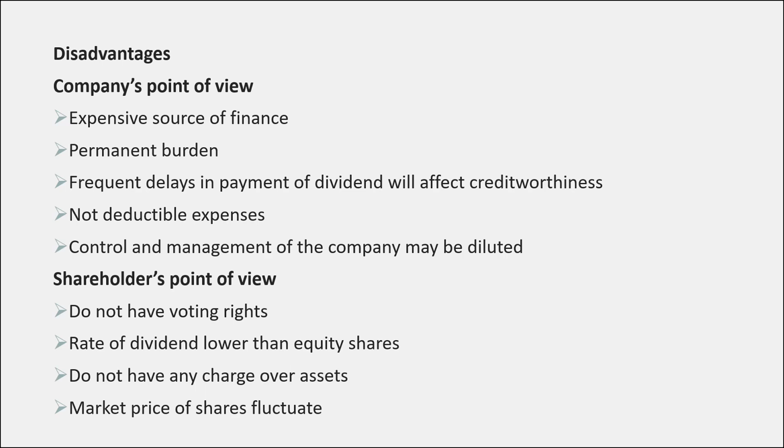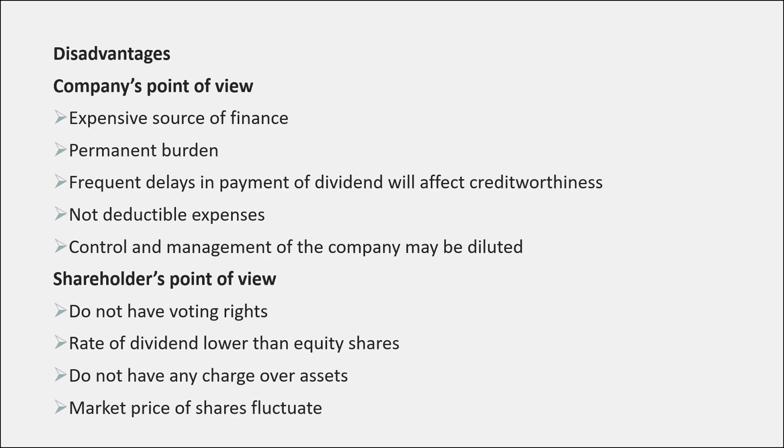Then cumulative preference shares are a permanent burden for the company, because they have to pay the dividend throughout the lifetime of the company. Any delay in the payment of dividend will affect the creditworthiness of the company.